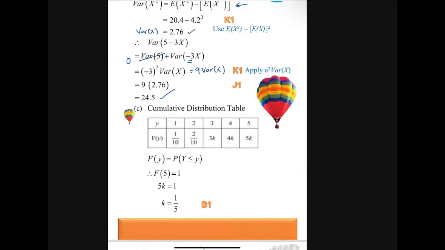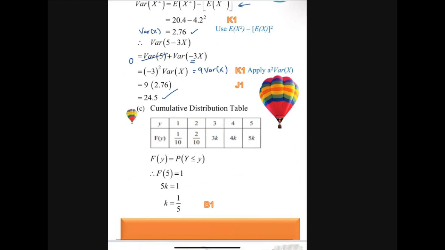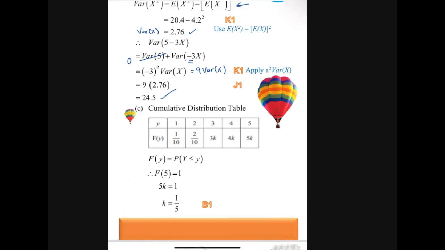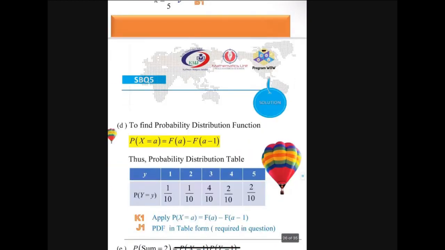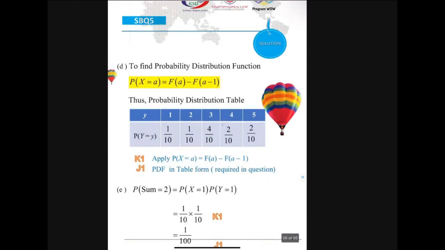And we know this would be 1, right? As before, the summation of all probability must be 1. So the end value of our cumulative here also must be 1. So if I equate this as 1, k straight away would be 1 over 5. Okay, so change this value.